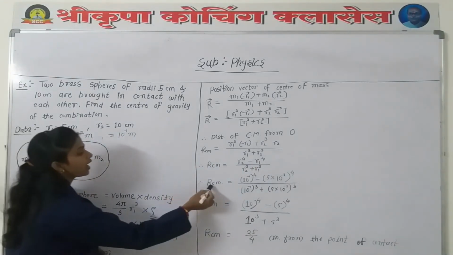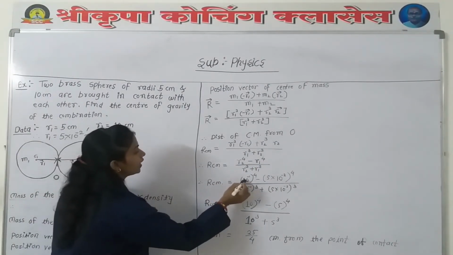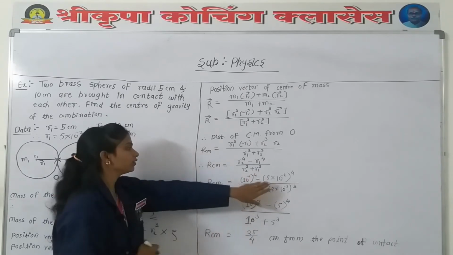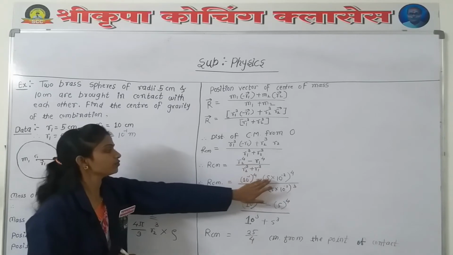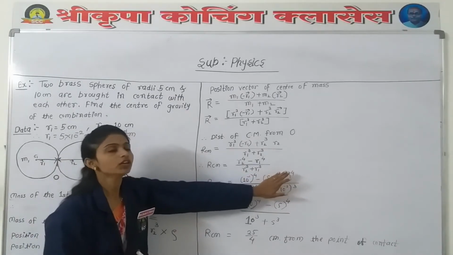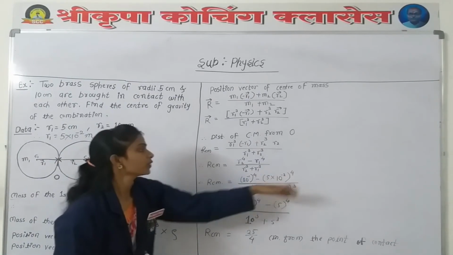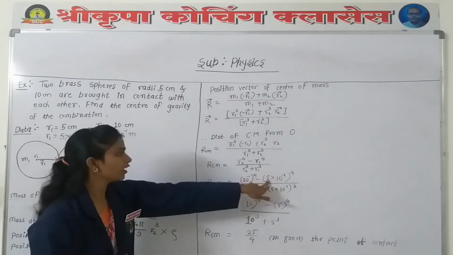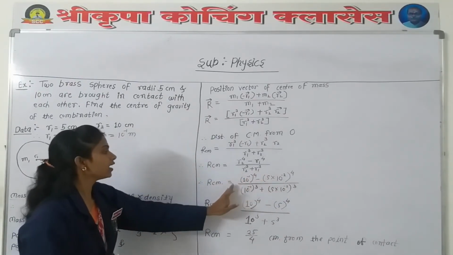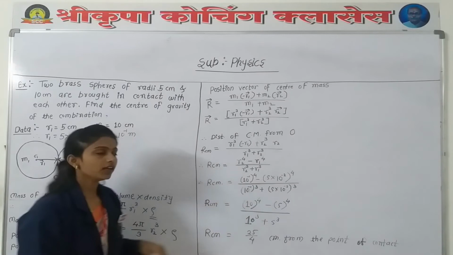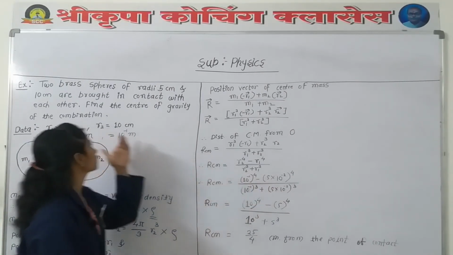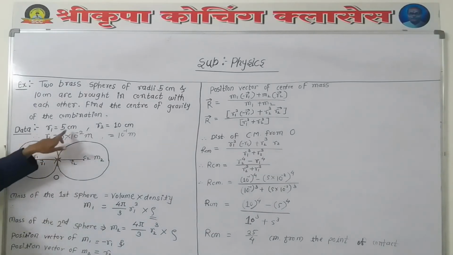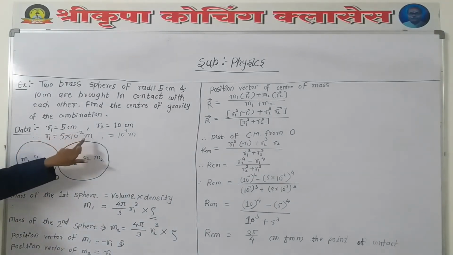Then RCM is equal to 10 raised to power minus 1, the whole power 4, minus 5 into 10 raised to power minus 2, the whole power 4. Here the terms 5 centimeter and 10 centimeter are in centimeters. Therefore we have to convert them into meters: R1 is equal to 5 into 10 raised to power minus 2 meters.